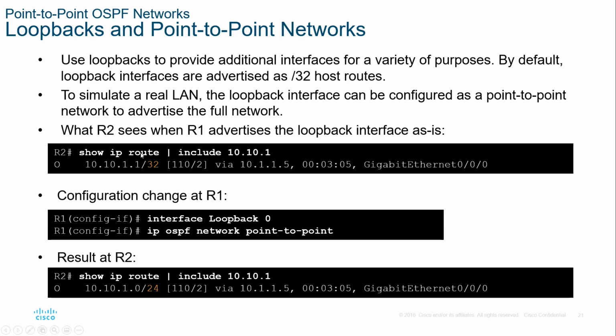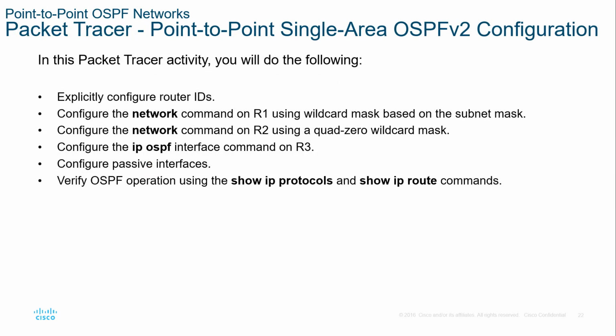So if we configure a loopback interface and we configure it as a point-to-point connection, then we will actually get the appropriate subnet mask. Because again, by default, the loopback interfaces are advertised as a /32. We do have a Packet Tracer lab for you to configure the point-to-point.